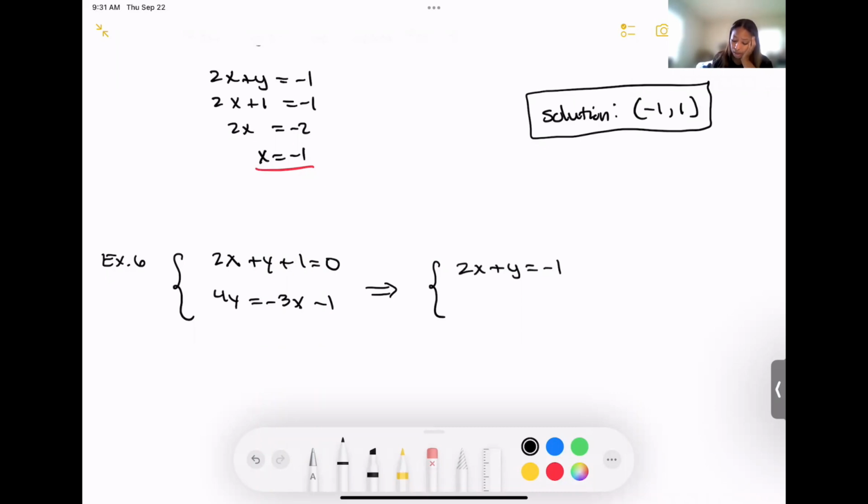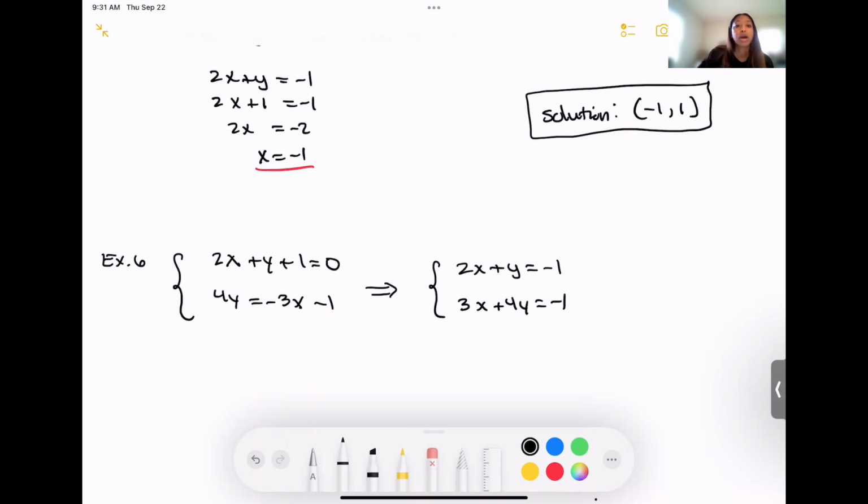That one's not too bad. And for the second equation, we need to add the 3x to both sides. So we'll have 3x plus 4y is equal to -1. All right, this is our system. So now, that's step 1. We've written them in standard form.